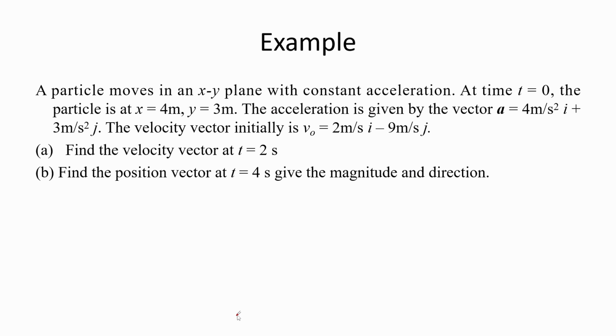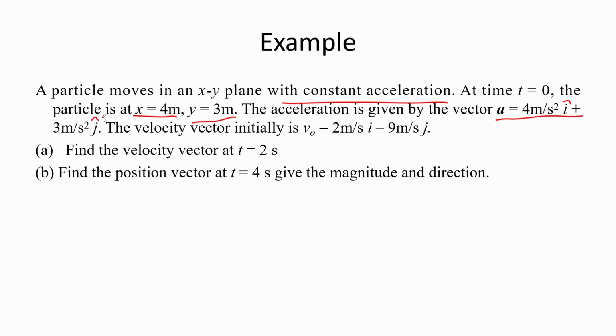Oh, we have another example. A particle moves in an xy plane with constant acceleration. At time t equal to 0, the particle is at x equal to 4 meters, y equal to 3 meters. The acceleration is given by the vector a = 4 m/s² i hat + 3 m/s² j hat.